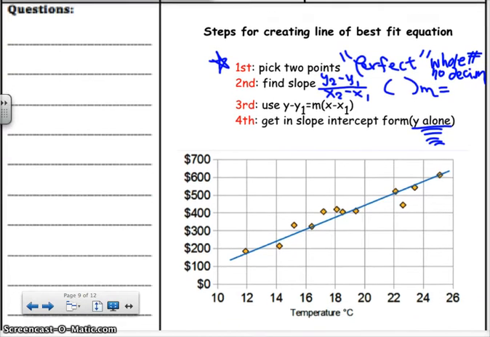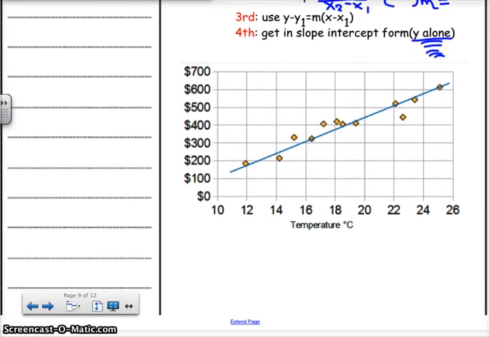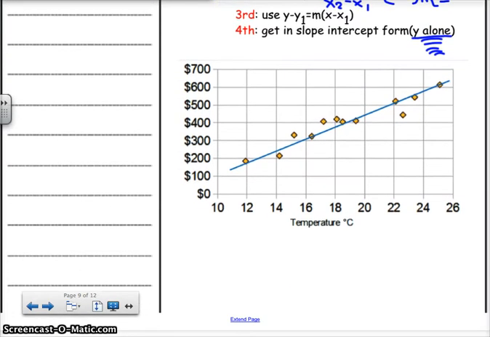All right, first one. Step 1 says pick 2 perfect points. So I'm looking to see, okay, what is a perfect point? I'm looking at my line of best fit. I'm not looking at my scatter plot or my scattered points. I'm looking strictly at this line of best fit.